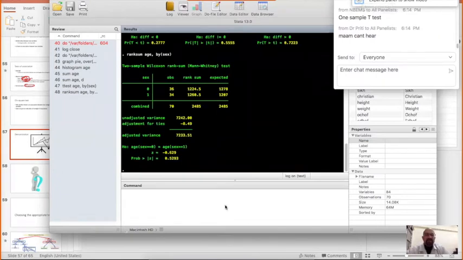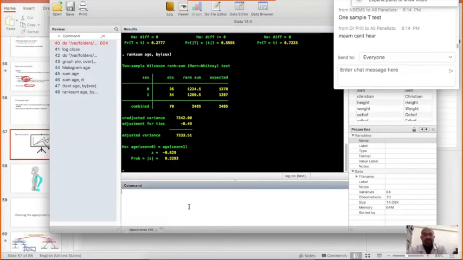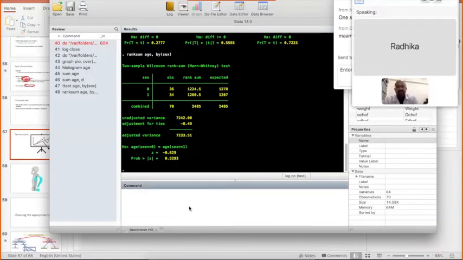So the easy way to do it is, let me do religion. Is there any difference between the religion of the individual and the sex of the individual? So I just give a command that tabulate sex and religion and give me the chi-square test. That's a simple command, tab sex religion comma chi-square.